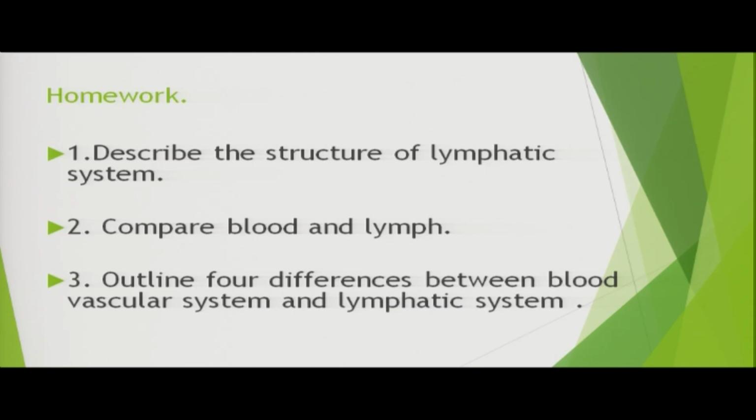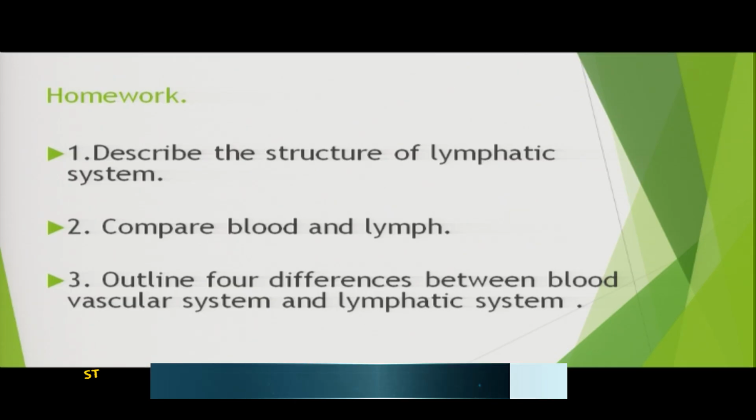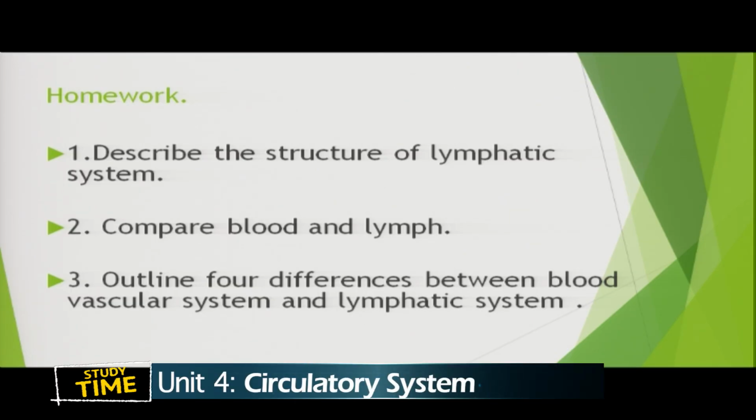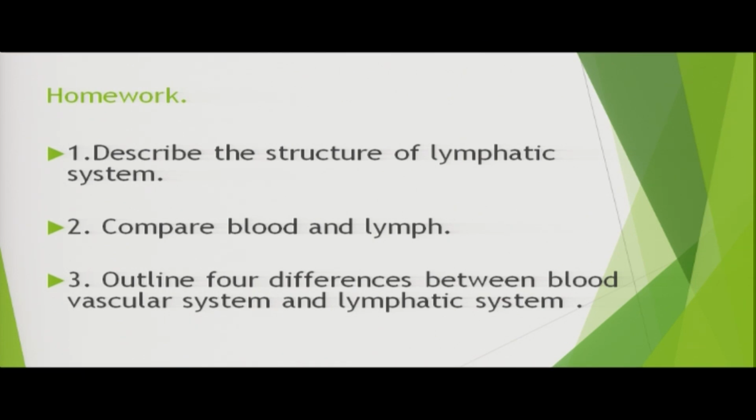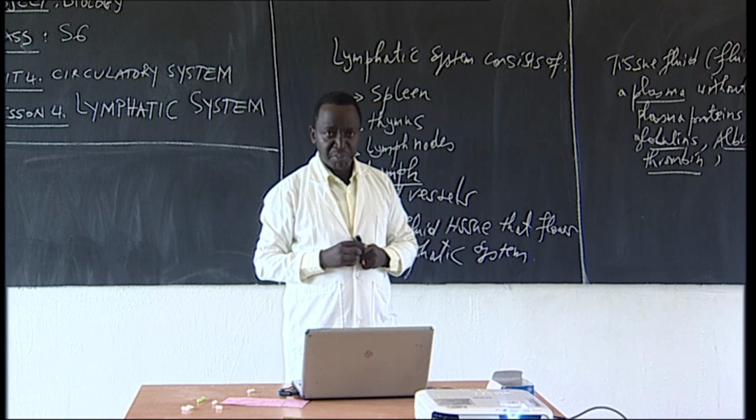Now, our homework. You have to do this homework seriously, very seriously. Question number 1: describe the structure of the lymphatic system. If I talk about the distribution of the lymphatic system, you are going to list all the components that make up this system.